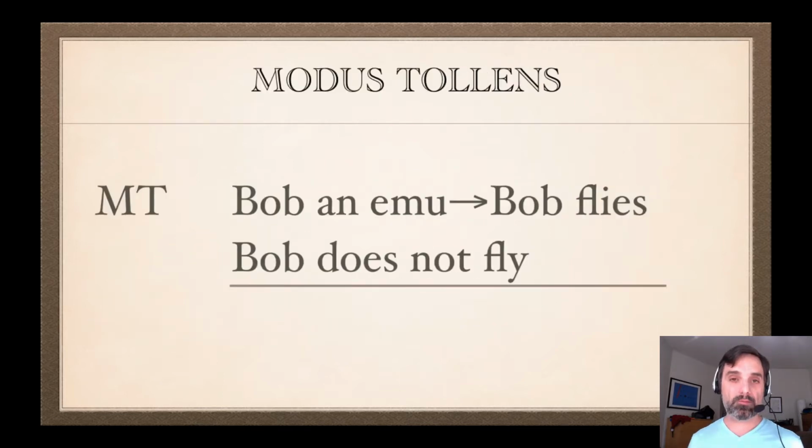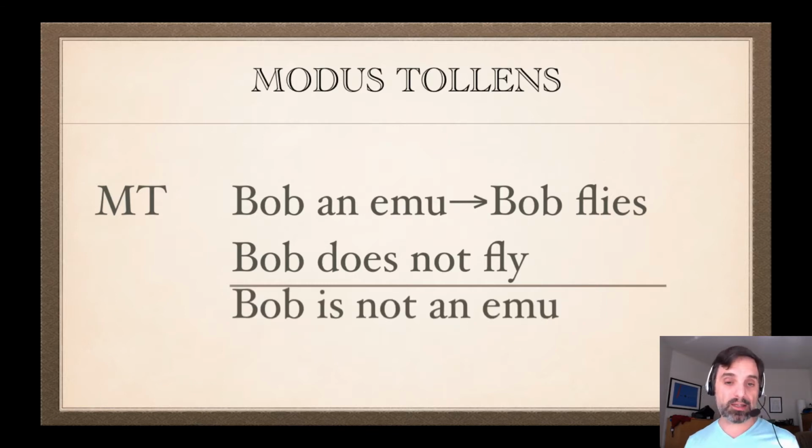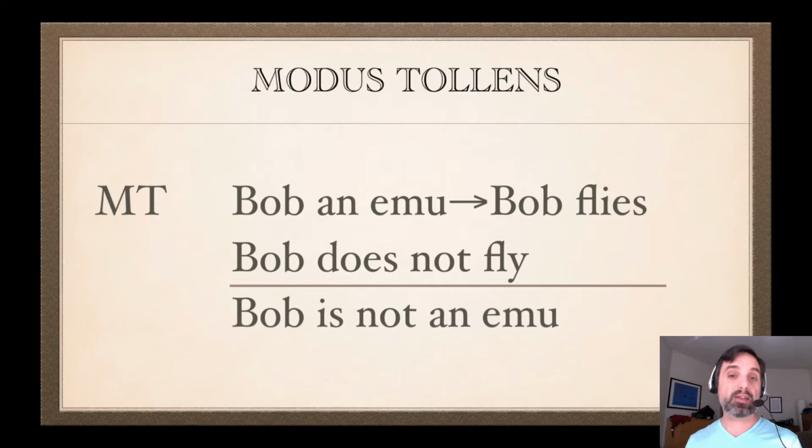The second rule is modus tollens, or MT. So we say, first premise, if Bob is an emu, then Bob flies. Second premise, Bob does not fly. What follows from this? Does anything follow? Well, we have a conditional as our first premise, and the second premise says the consequent of the conditional is false, and that means that the antecedent of the conditional is also false.